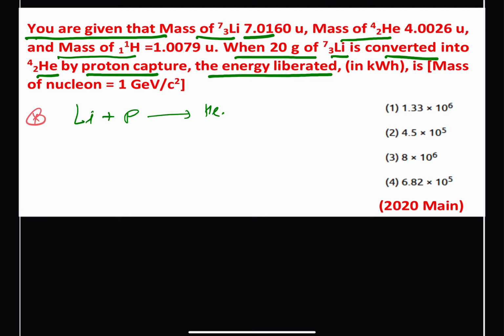Let us call this Mi, which will be equal to, for lithium, 7.0160, and for the proton, that is basically a hydrogen, 1.0079.